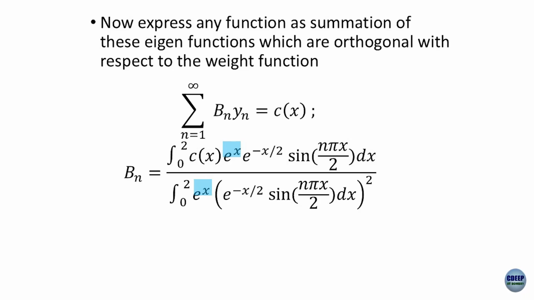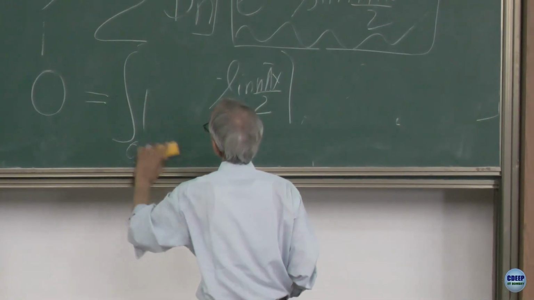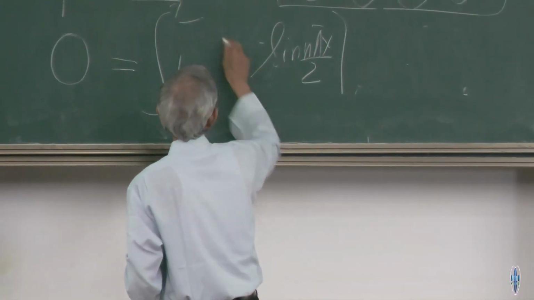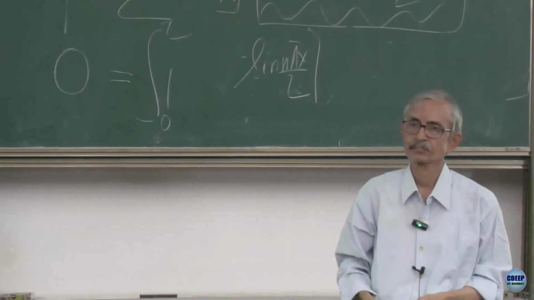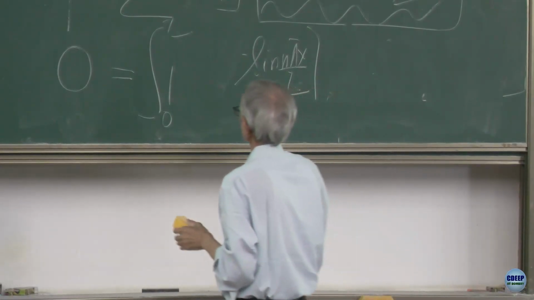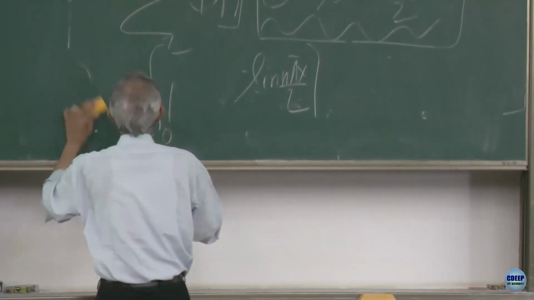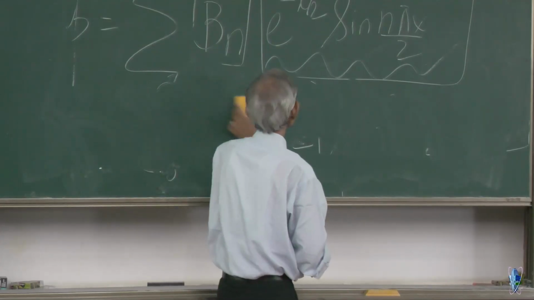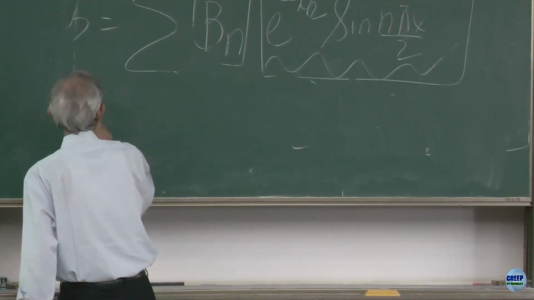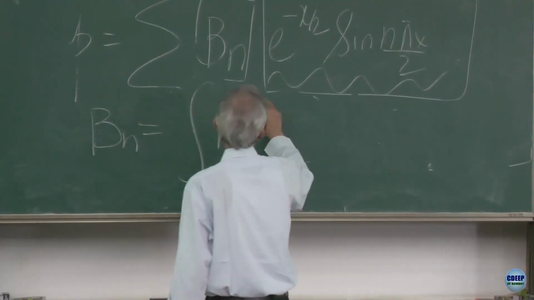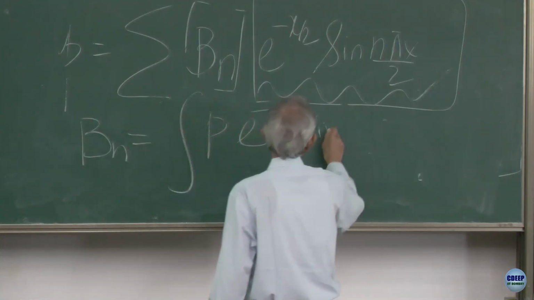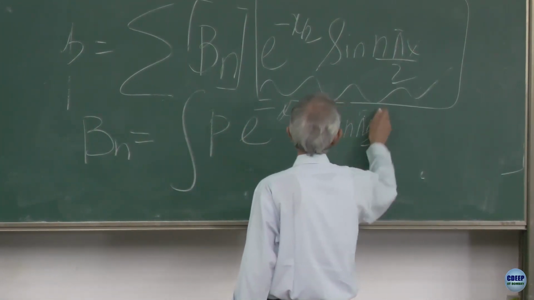So now you see that 0 to 2, right? 2 is the limit, and remember we always have said that this function was 0 to L, n pi x by L, and it was always orthogonal. Okay. So the function which is here, p is equal to this. Now you can go ahead and say Bn is the integral of p times e to the minus x by 2 sine n pi x by 2.